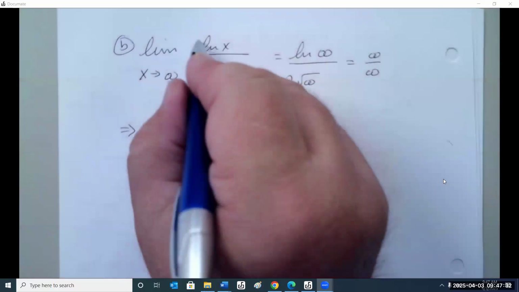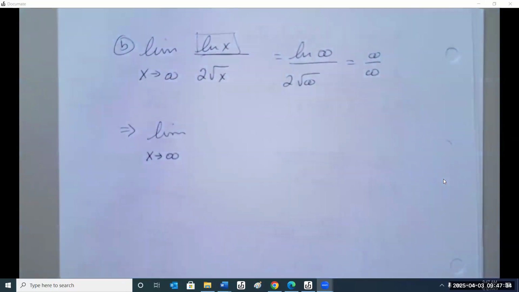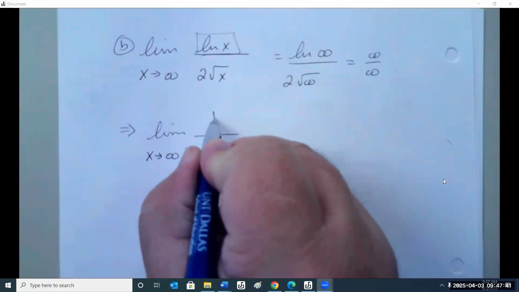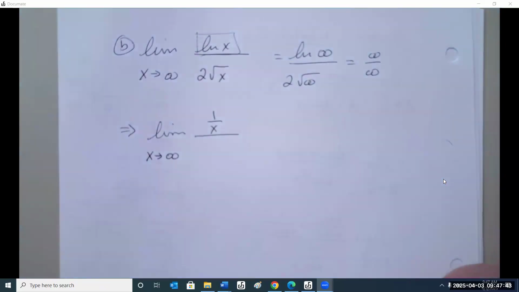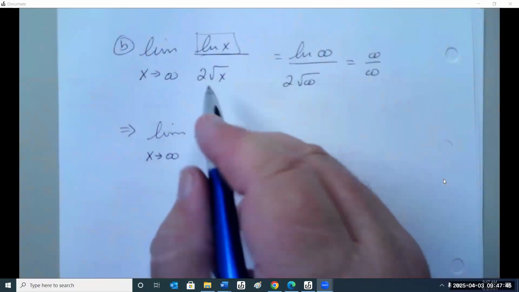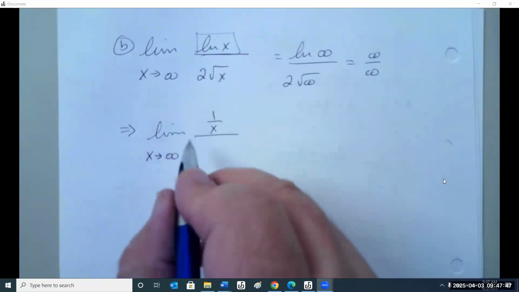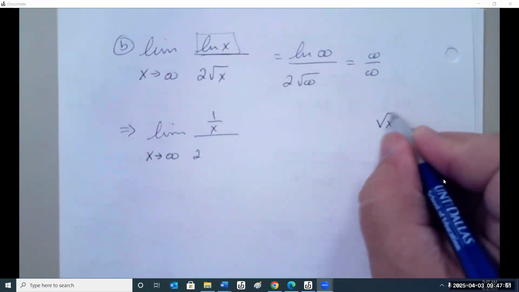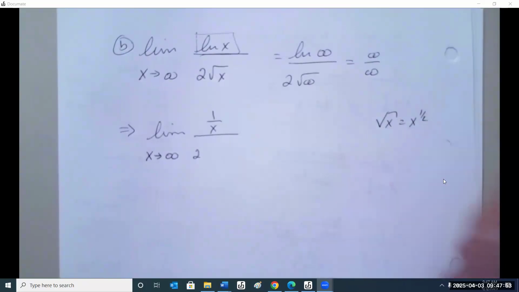So what's the derivative of ln x? One over x, very good. And on the bottom, the derivative of 2 radical x. The square root of x is x to the power 1/2.